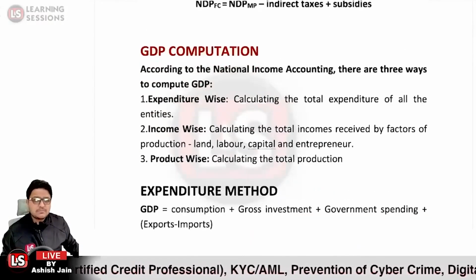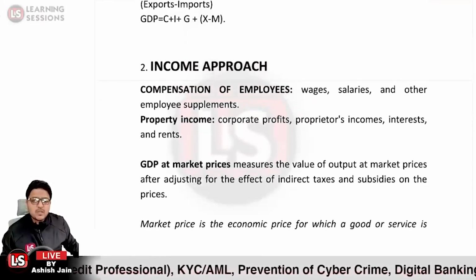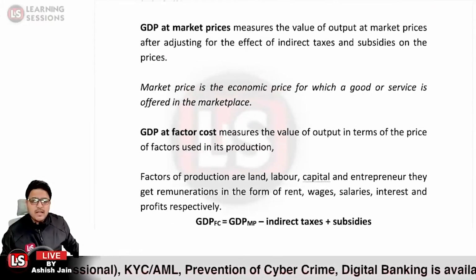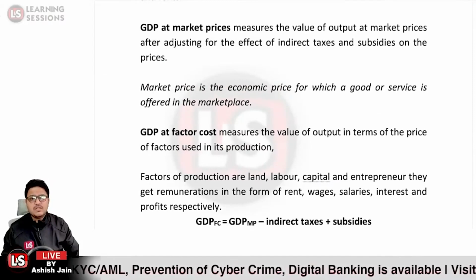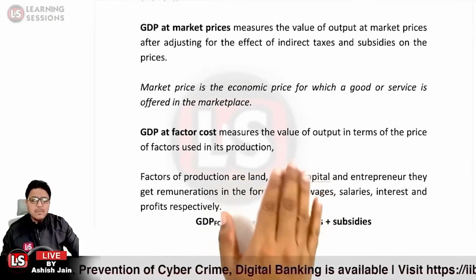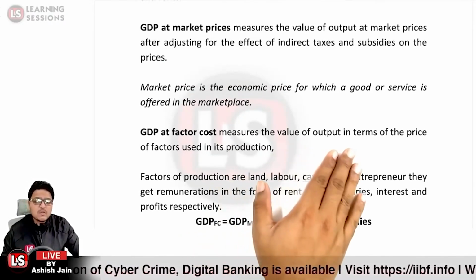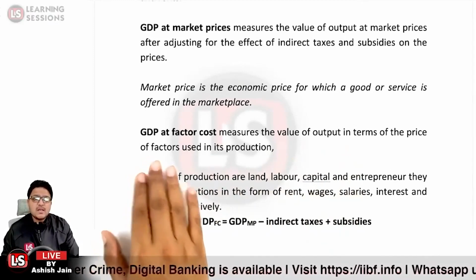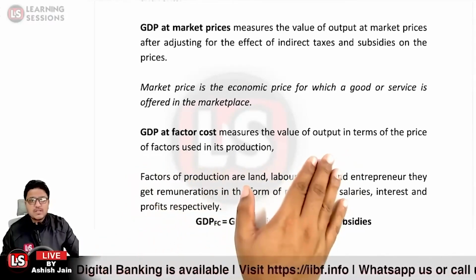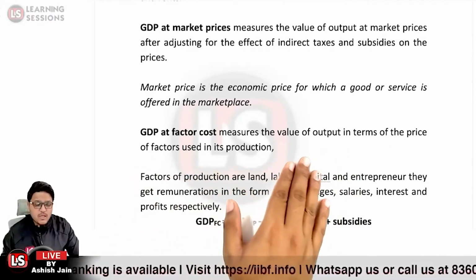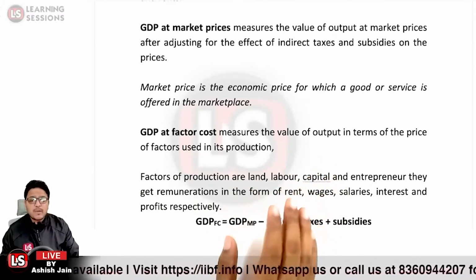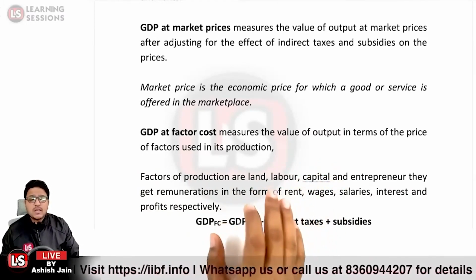Is that clear? Next, it is related to the GDP at factor cost. It measures the value of output in terms of the price of factors used in its production.